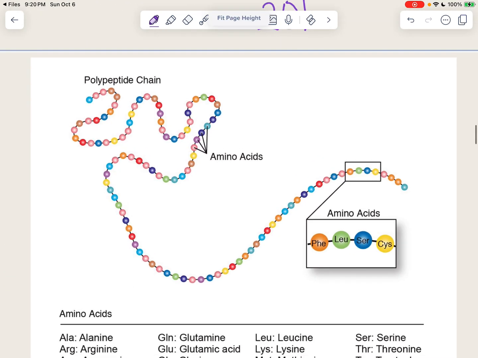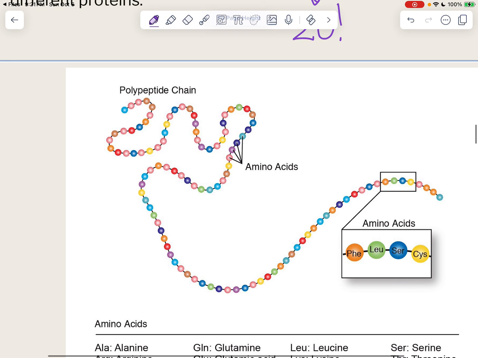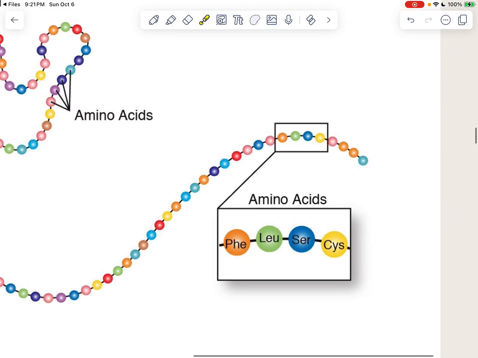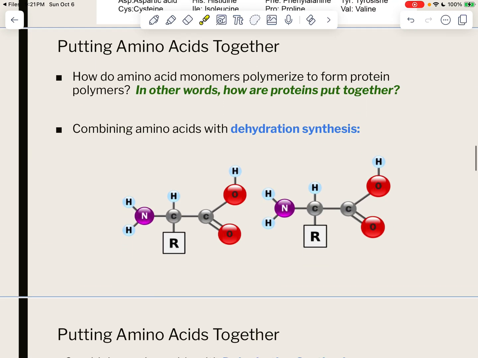So here's what I'm talking about. Here is what we call a polypeptide chain because the bonds between amino acids are called peptide bonds. So polypeptide means many amino acids strung together with peptide bonds. Here are the different amino acids. If you count them, there are 20 different amino acids here, strung together with the peptide bonds between them. So they're put together like we already established with dehydration synthesis.